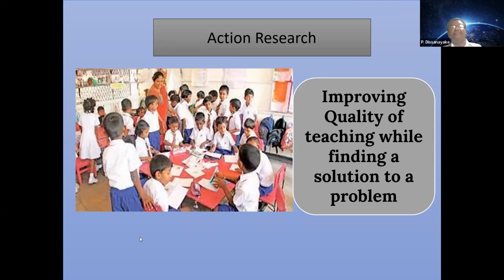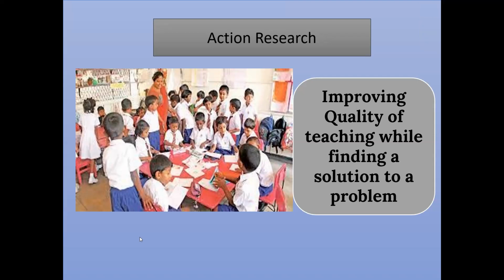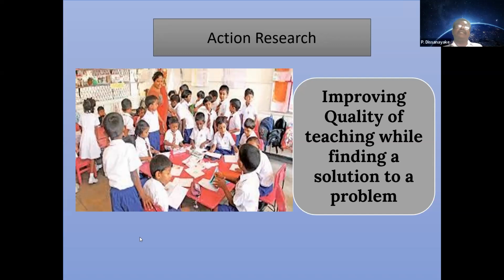Always as a teacher, you think of improving yourself. Improving the quality of yourself means improving the quality of learning. Unless the quality of learning improves, the teaching does not, because they are interrelated. So how do you improve the quality of teaching?